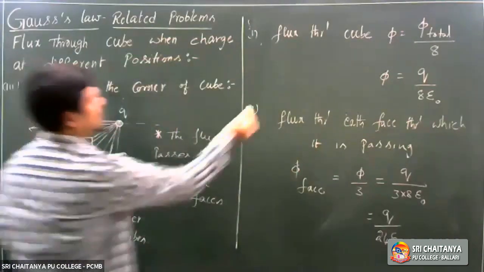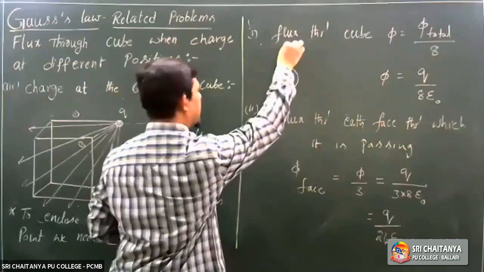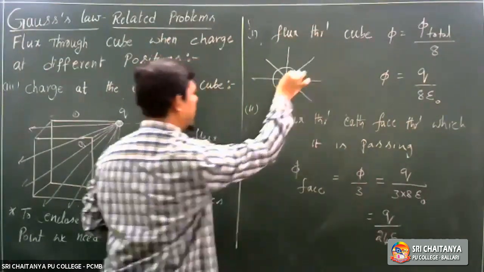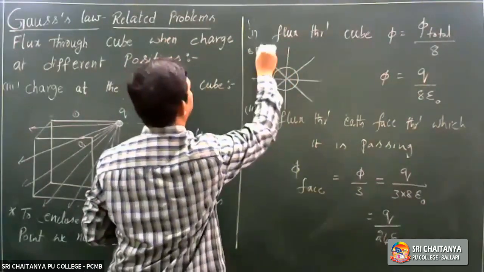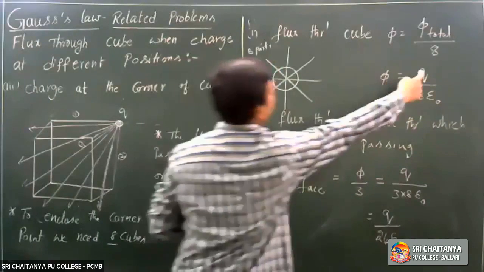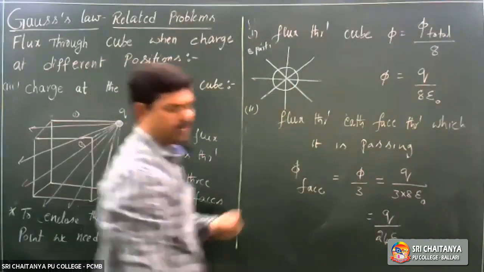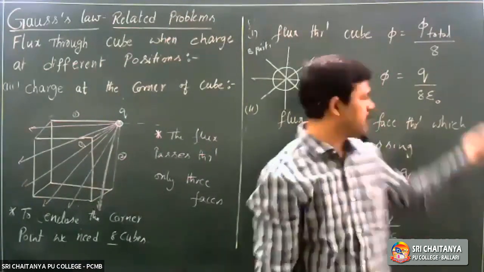Whenever a charge is placed, how many parts is it dividing into? It is dividing into 8 parts. So you got Q by 8 epsilon naught. When it is placed at the edge, 4 parts, Q by 4 epsilon naught.